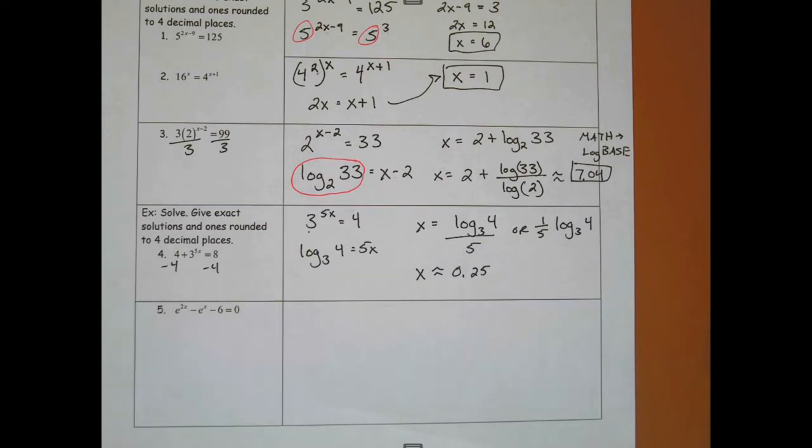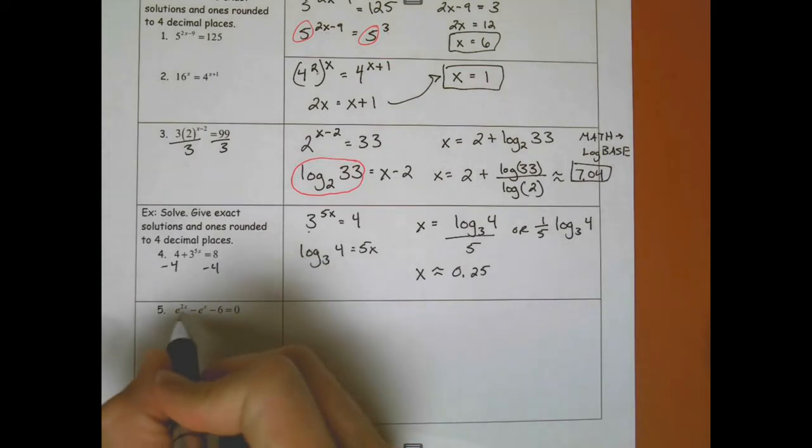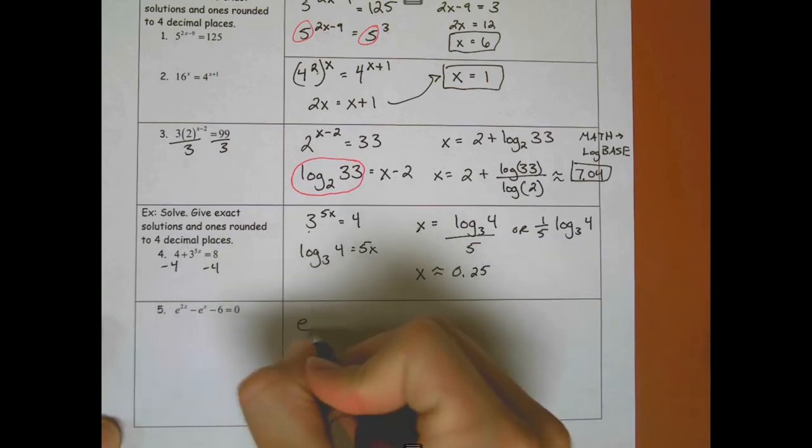Okay, number 5 is a little bit different of a question. Number 5, you need to recognize that this is in quadratic form. So you can think of this, and I'm going to use y just so we don't use x. Let me rewrite this.